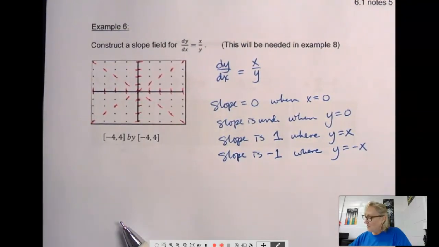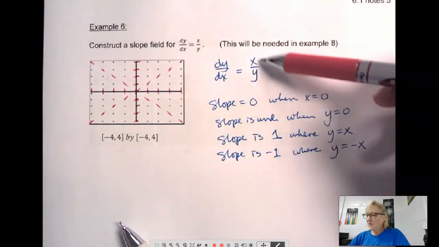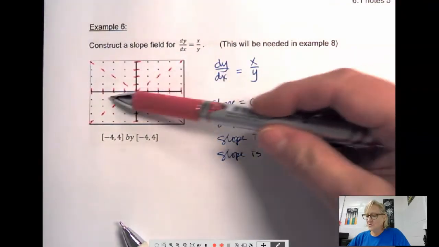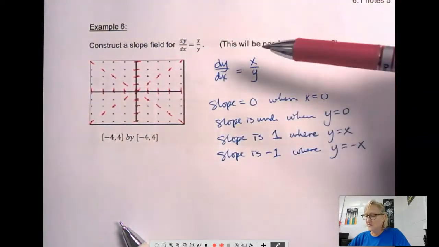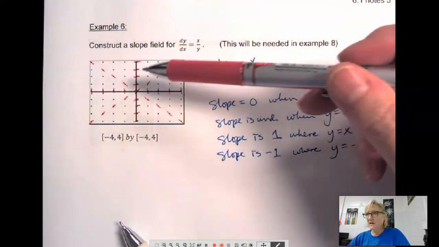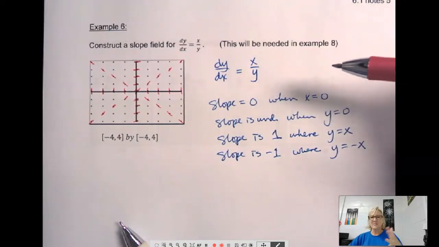Okay, what about, just in general, where's the slope positive and negative? Well, if both of these were positive or both were negative, then I would have positive slopes. So in these two quadrants, I should see positive slopes. This whole fraction will be negative if x and y have opposite signs. One is positive, one is negative.